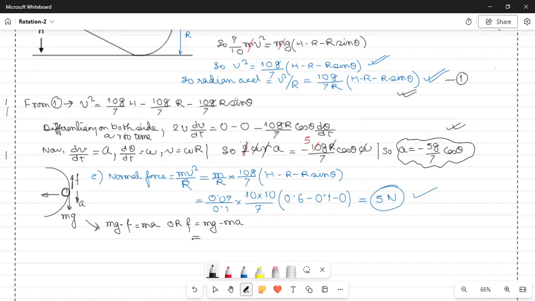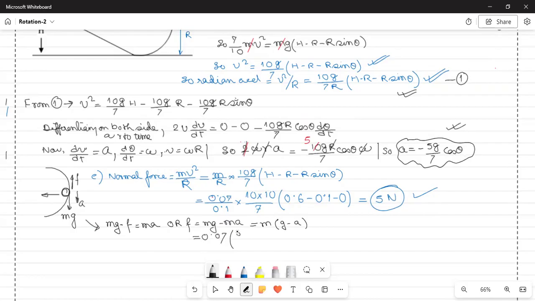Now you have to just put the values. mg minus ma is equal to m into (g minus a). The value of a we have got earlier, 5g by 7 cos theta. M is now given 0.07 kg.